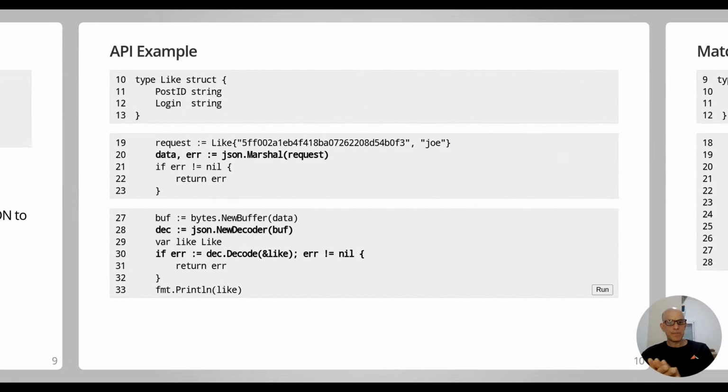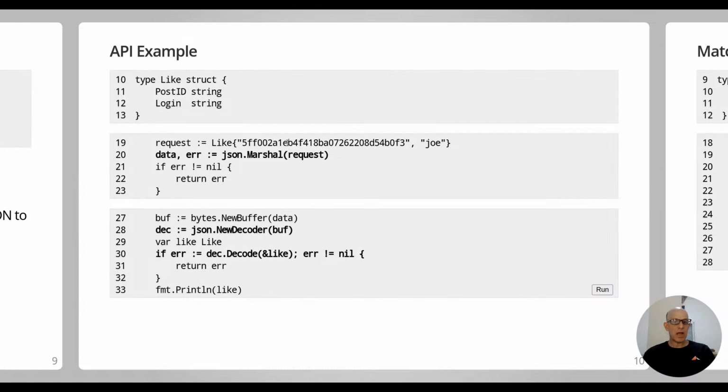Right? So let's say that I have a like. Think about a social network. Someone clicked a like on some kind of a post. So the struct itself has a post ID and then the login of the user that clicked on the like.